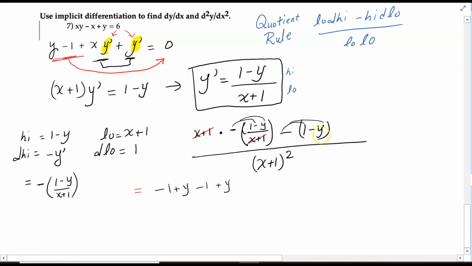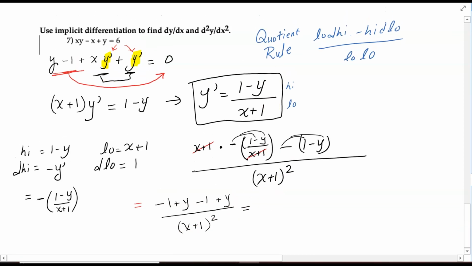All right. So then what do we get? All divided by x plus 1 quantity squared. So let's see here. When we combine the like terms, what do we get? We get 2y. My pen's acting up. Give me 1 second. We get 2y minus 2, all divided by x plus 1 quantity squared.